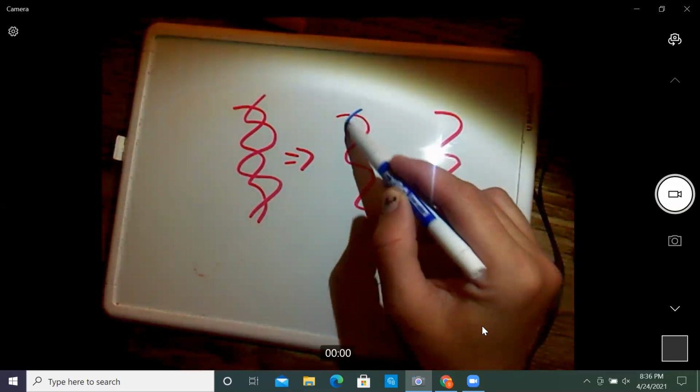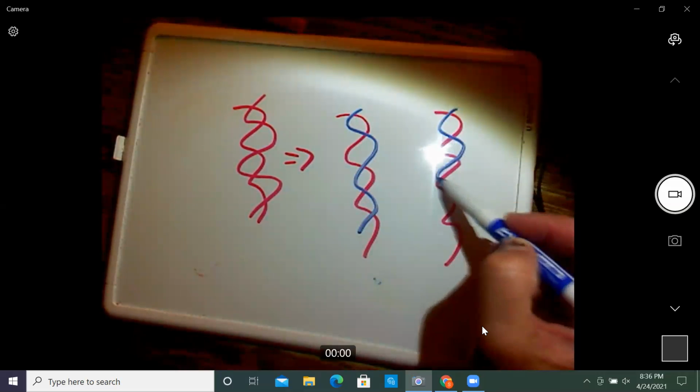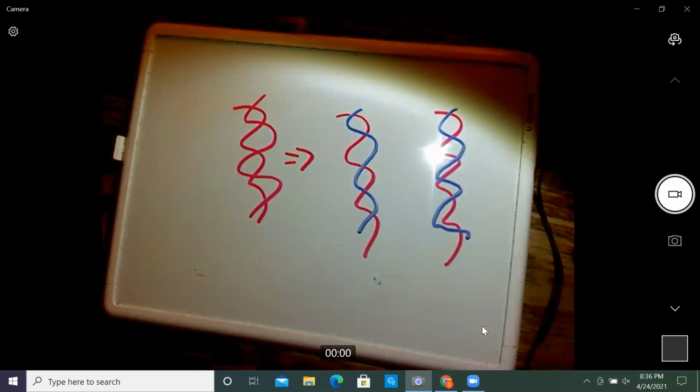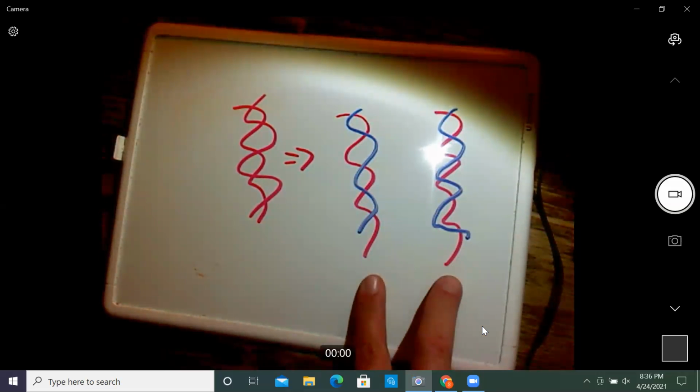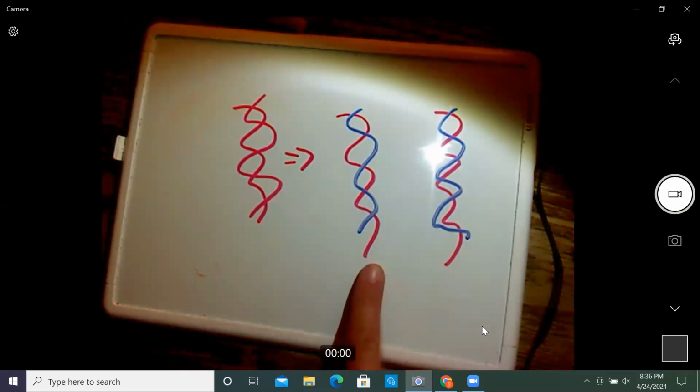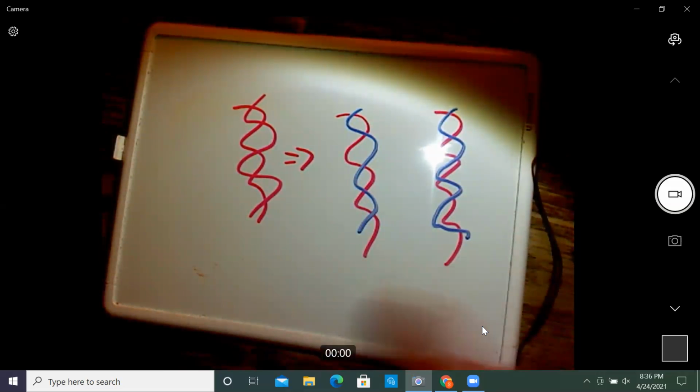Now I'm going to build a new molecule like this. So that one's a little wonky, doesn't matter. So I have two new molecules, but the red strand is from the old one. So that makes it semi-conservative. We use part of the old strand to build a new strand. So one strand is new and one strand is old. That's semi-conservative conservation here.